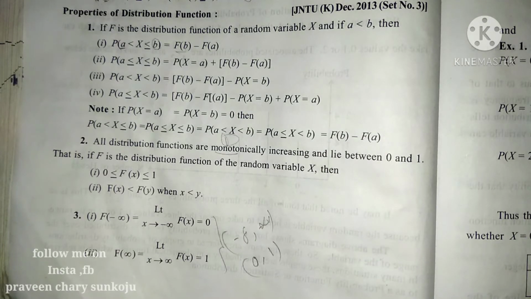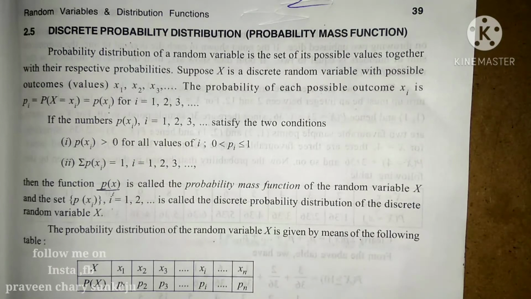And moving on to the discrete probability function, or discrete probability distribution. For the discrete probability distribution, this is also called the probability mass function.